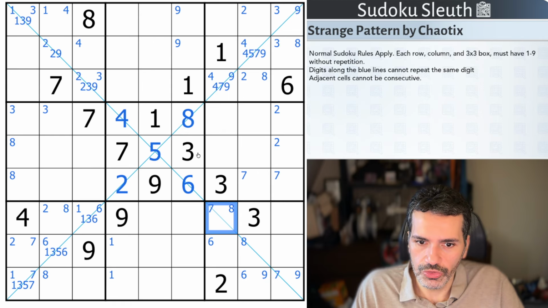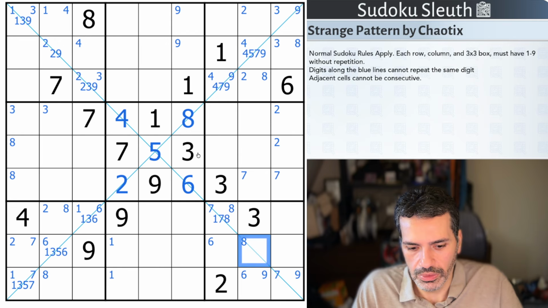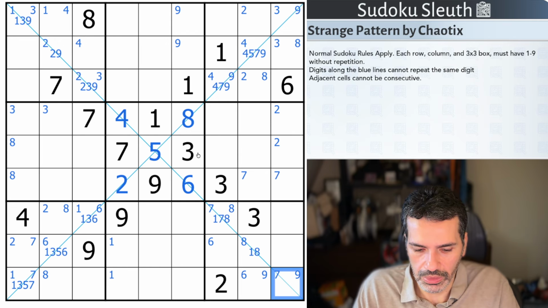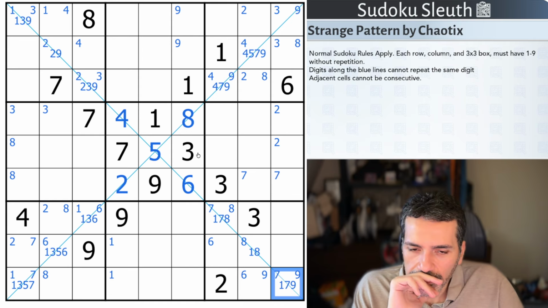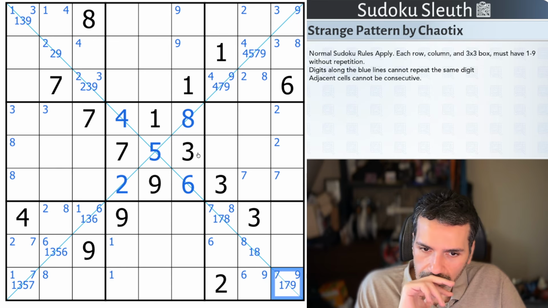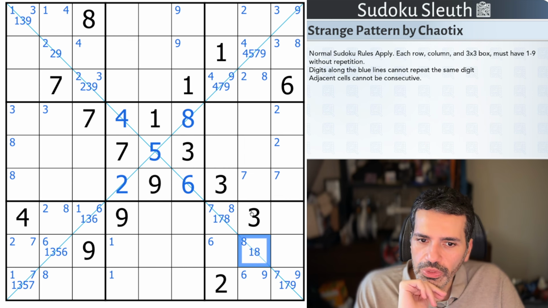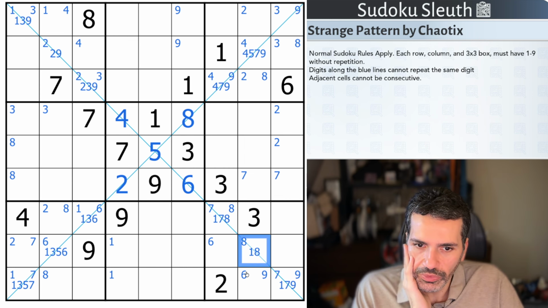And then the reverse here is 1, 7, 8, 1, 8, and then 1, 7, 9. Less helpful because the way that it ends up kind of being split between low and high digits, there's very little overlap.